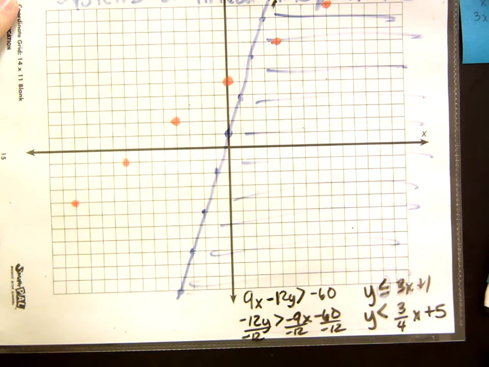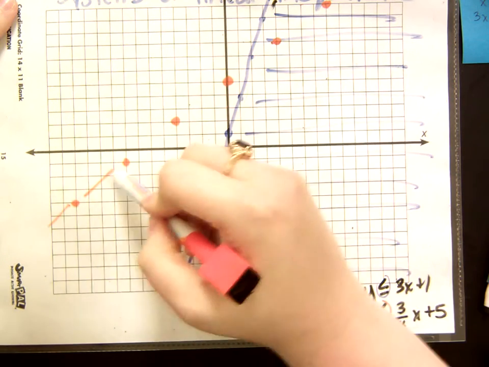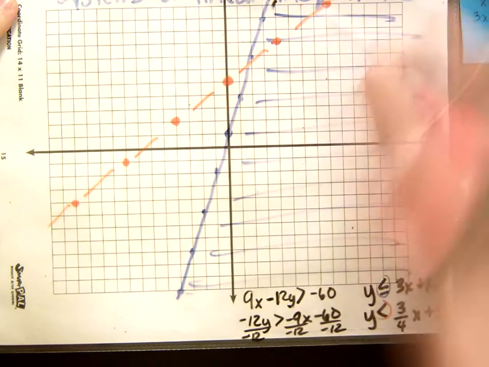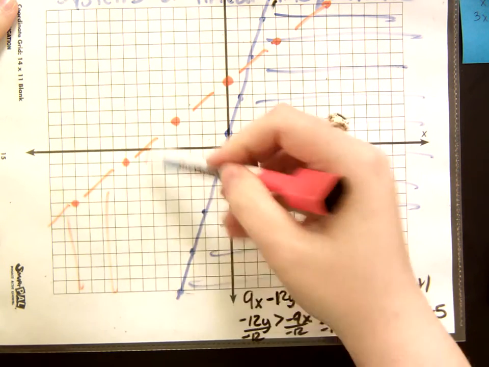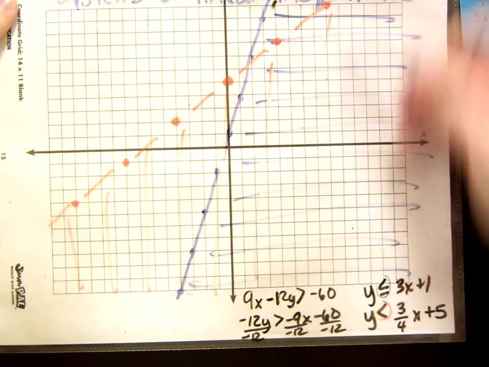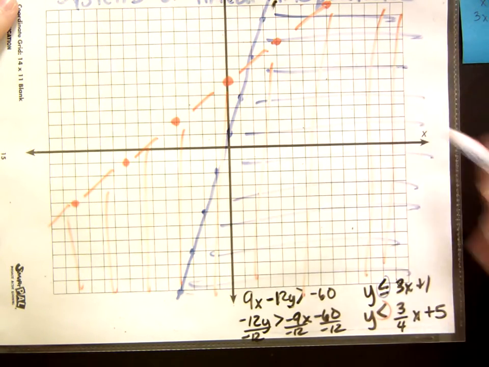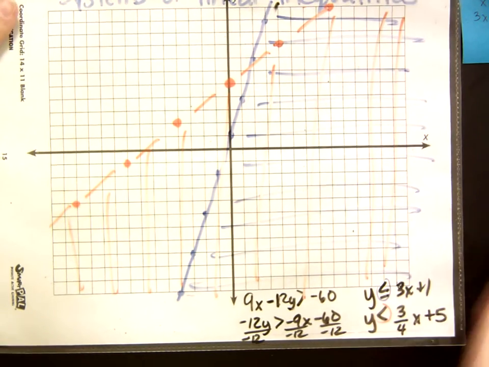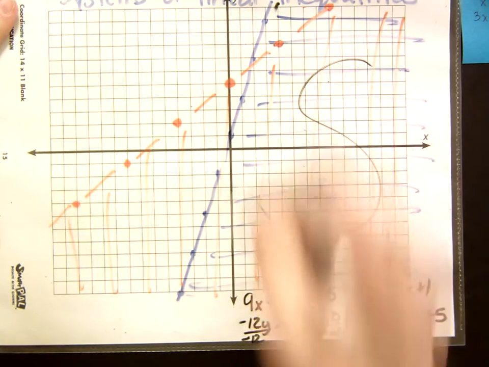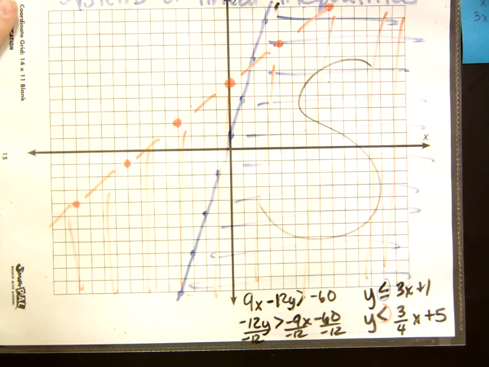And this one is going to have a dotted line because it's just less than. And I am shading below because this one is also less than. Now you can see that in this area right here, my shaded areas overlap. So the solution is in this portion of the graph.